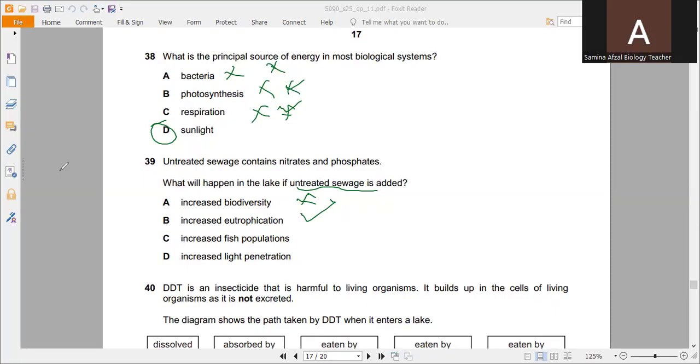So this is the process of eutrophication. Increased fish population, no, the fish and other organisms die due to the lack of oxygen. Increased light penetration, no, it will decrease light penetration. Only B is the correct option.